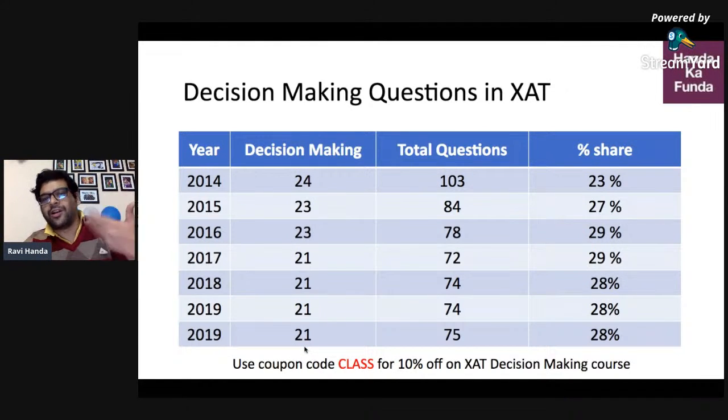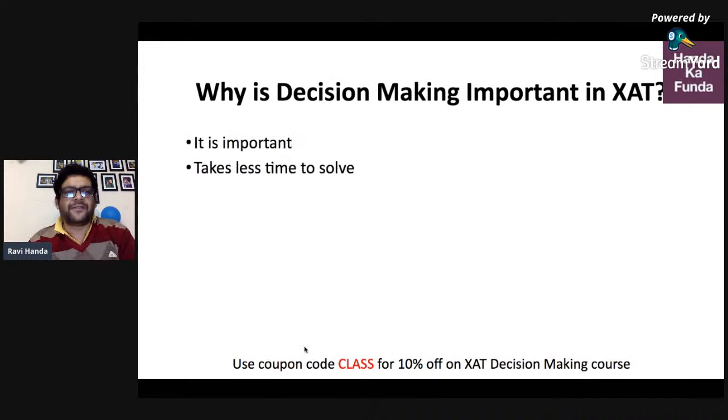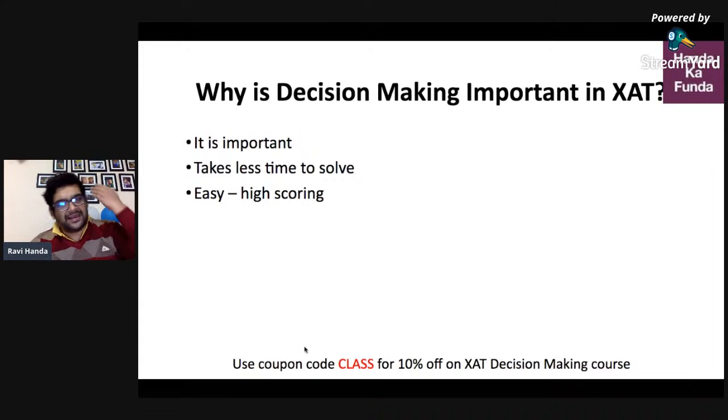So they're all on the higher side when you compare with decision making. But even then, the cutoff, the percentiles, let's say how many questions you require to solve for a 90 percentile, that's actually a lot higher in decision making.